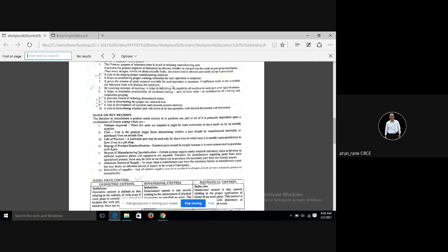If I want to manufacture a gear, then for one year what will be the chain of people? There will be a helper, a loader, a machine cleaner, a machine operator, and a supervisor. And above the supervisor a manager, and above the manager your assistant general manager, then GM.